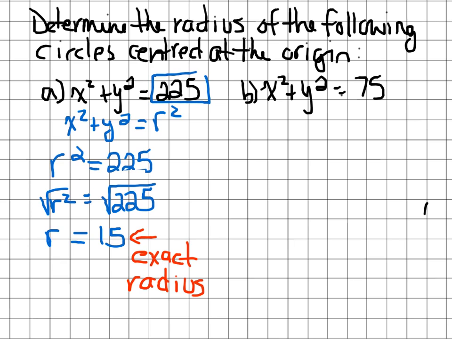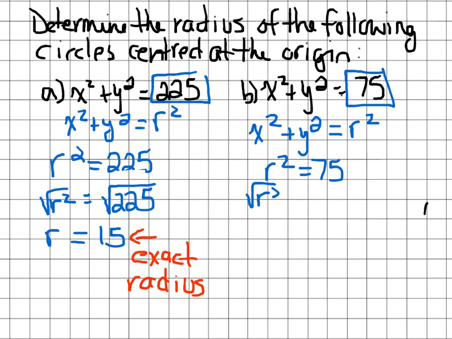In the example of x squared plus y squared equals 75, again, this here is the radius squared, so x squared plus y squared equals r squared. Then to determine the radius, we know that r squared is equal to 75.